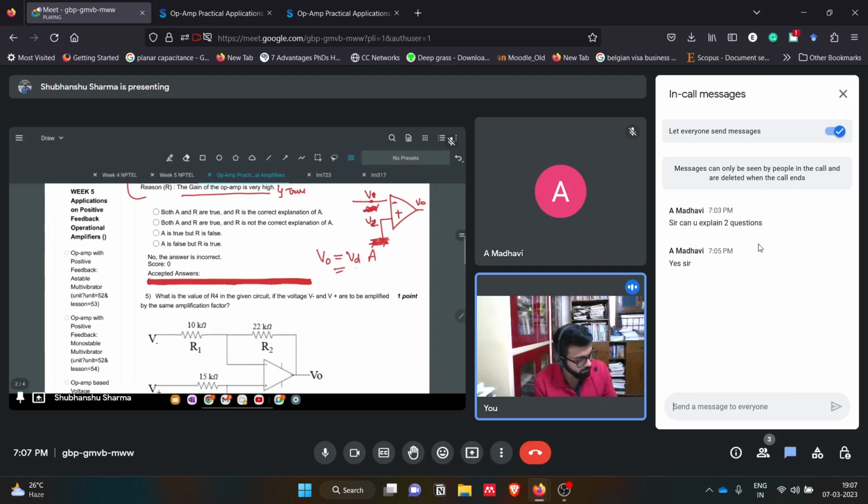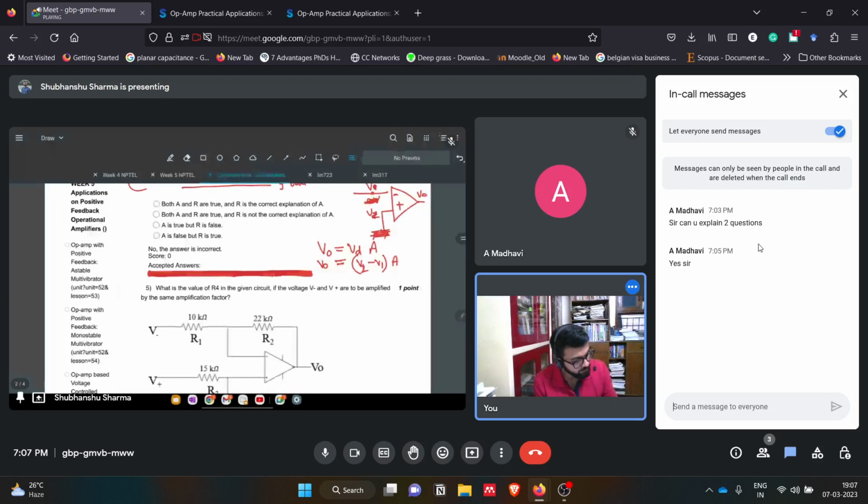Now if we move this A to this side, V naught by A equals V2 minus V1. In this case, A is the open loop gain.